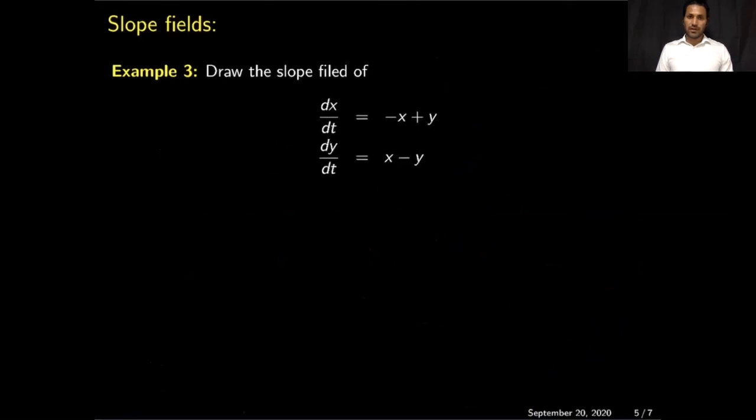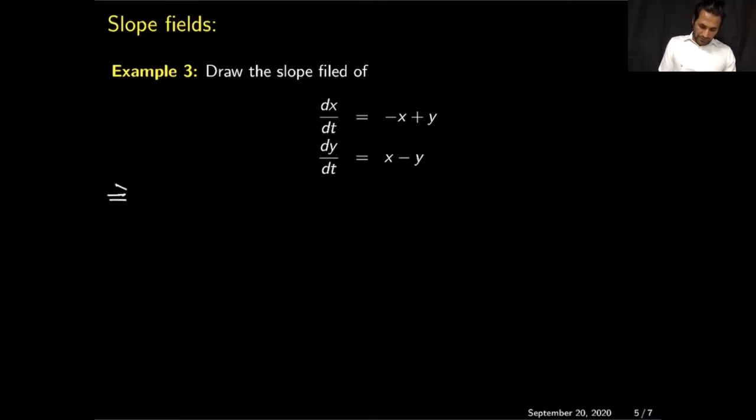In this example, I have a system of ordinary differential equations, and we will see how we can find the slope field when you have dx by dt and dy by dt, and in that case, how you can find the slope of the tangent line.